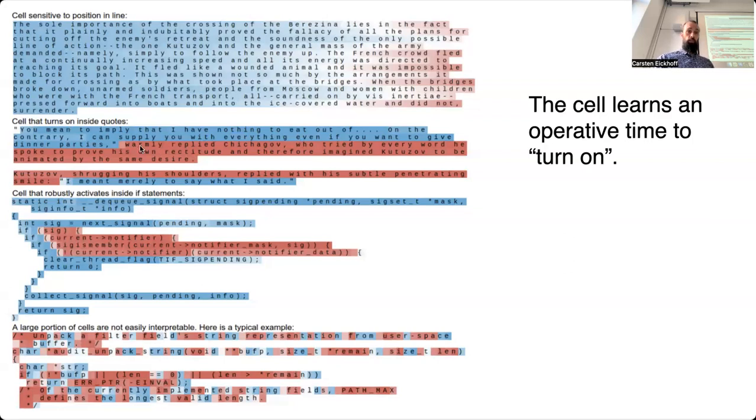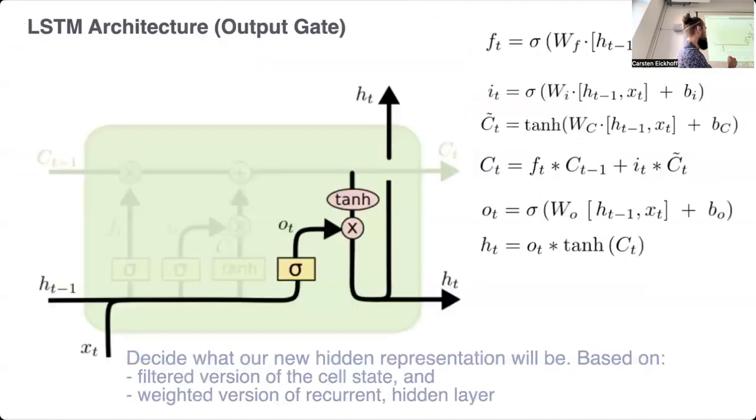We can turn on when we're inside quotes. The cell lies dormant up until the point that I see the quotation character, and this is when I really start paying attention. I might activate within if statements if I'm parsing program code.